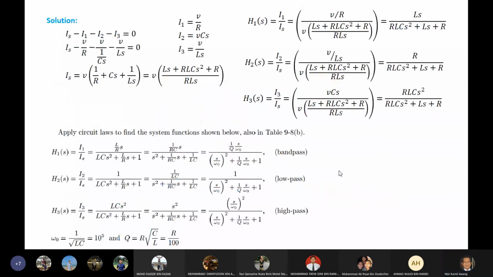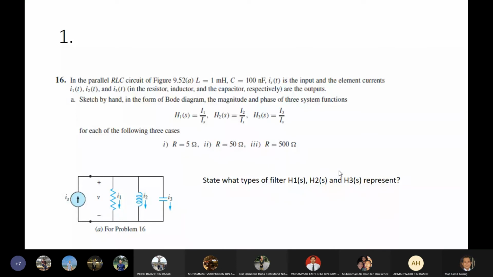So you use nodal analysis. Remember nodal analysis? This is your node, and this is your ground. How many currents do you have here? IS is going in, I1 is going out, I2 is going out, I3 is going out.